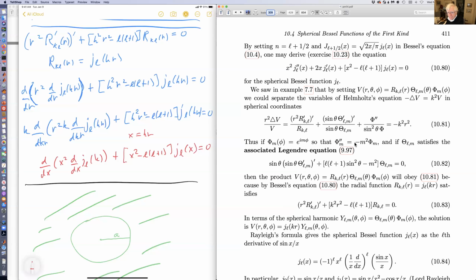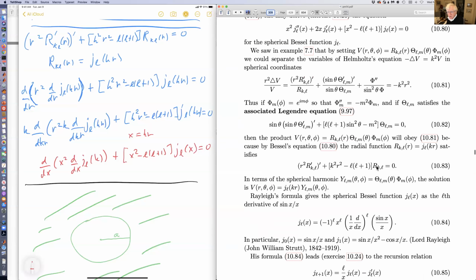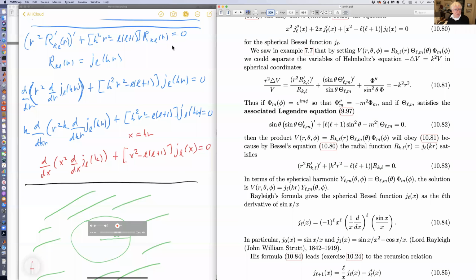And the spherical part is a spherical harmonic. And we're left with this equation here, which I've reproduced over here.